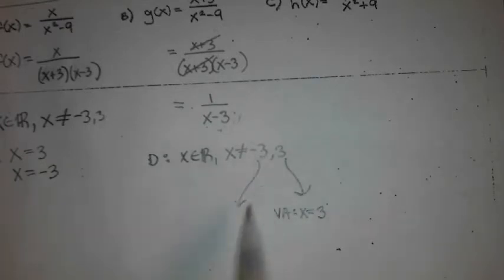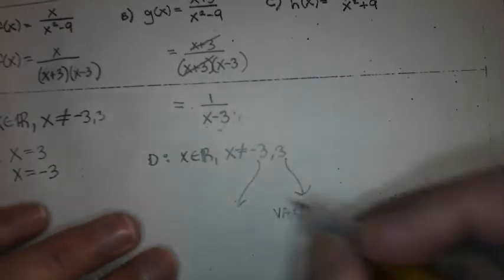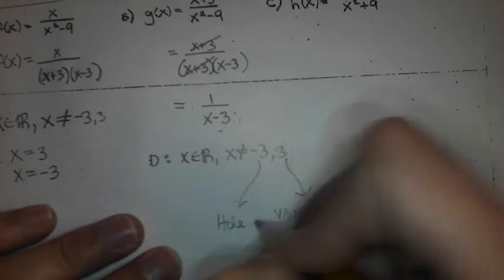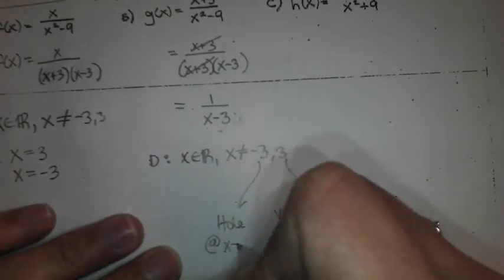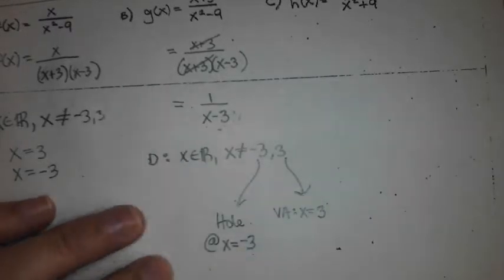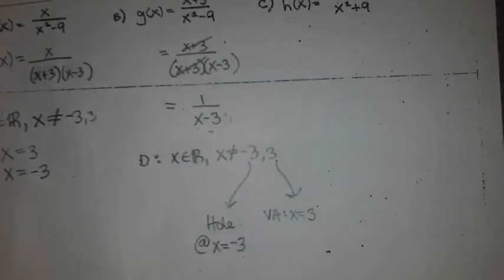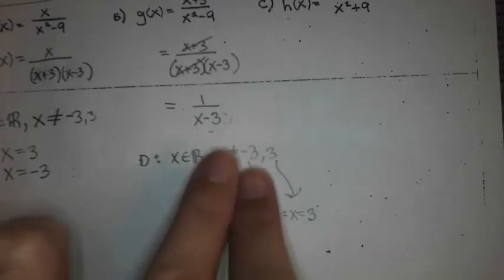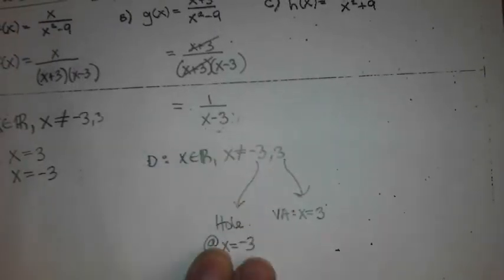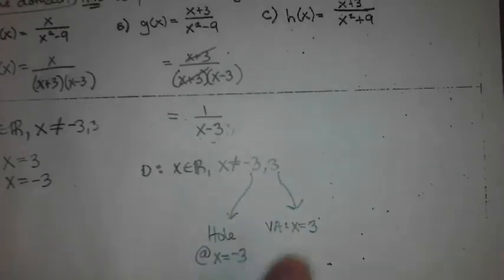This is going to produce something called a hole at x equals negative 3. So they're both undefined points on the graph, but this one, because it canceled out, creates a hole, and this one creates a vertical asymptote.